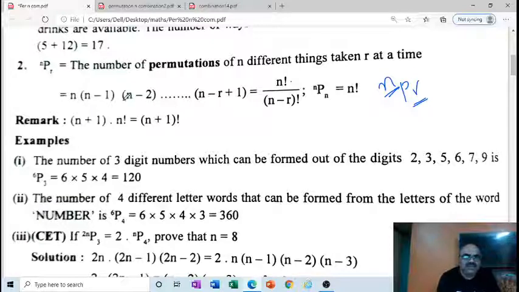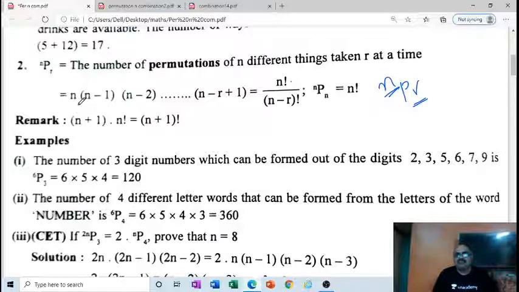Normally, how do we write this is, we go on reducing starting from n, n minus 1, n minus 2, n minus 3, till the last term n minus r plus 1, which can be written as n factorial by (n minus r) factorial.